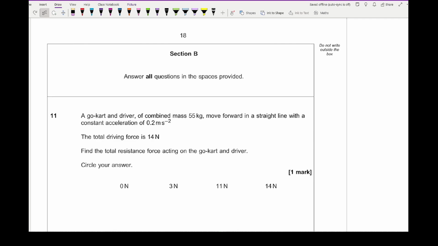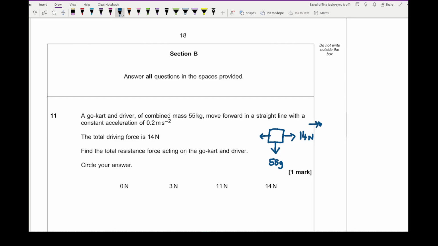For that, I would start with a diagram and put the mass of 55 kilograms as that force 55g. We've got a driving force of 14 newtons, and then there's a resistance force acting in the opposite direction.